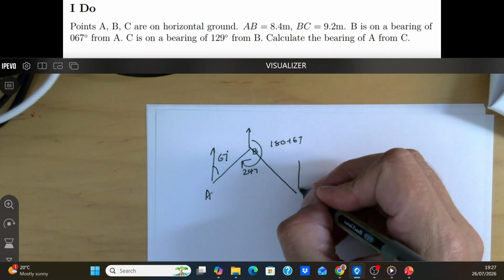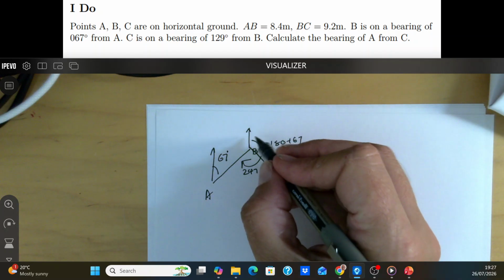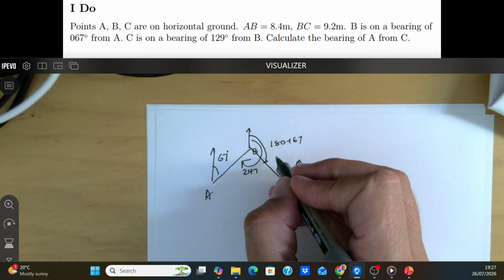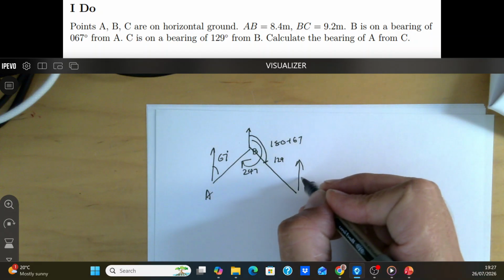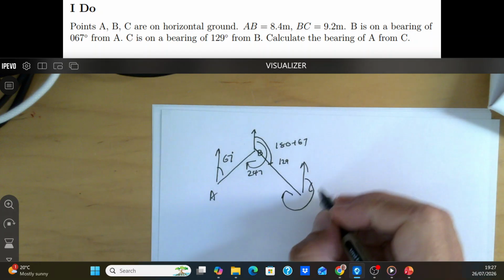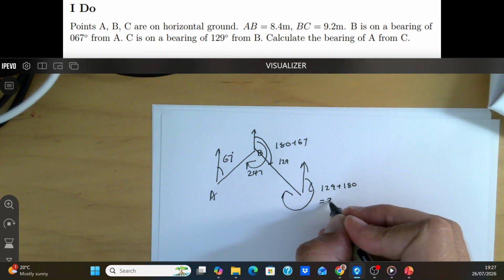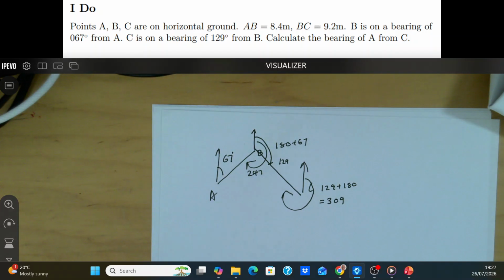B to C, we're told this angle is 129. So I immediately know that this angle is 129 plus 180, which is 309. So I've got those angles. Now thinking about it, what other information have I got?